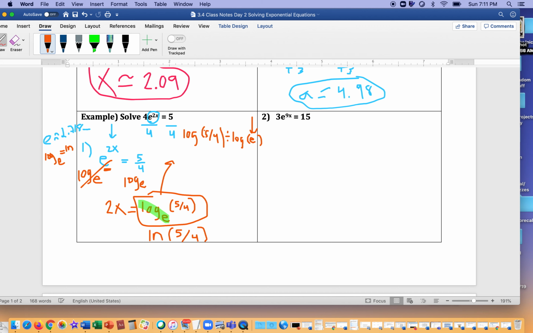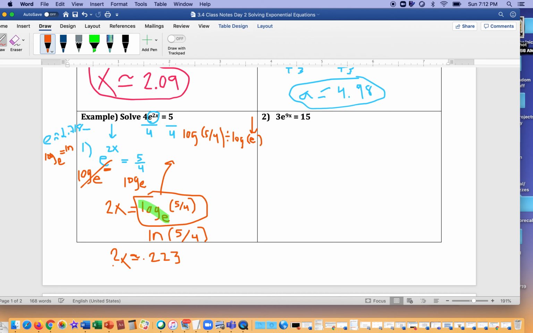So if you like always working with logs and not natural logs, just do log of 5/4 divided by log e, and then you're set. Whether you hit log 5/4 divided by log e or you hit ln 5/4, you'll get the same thing, as they are the same thing. So you'll get about 0.223 approximately.